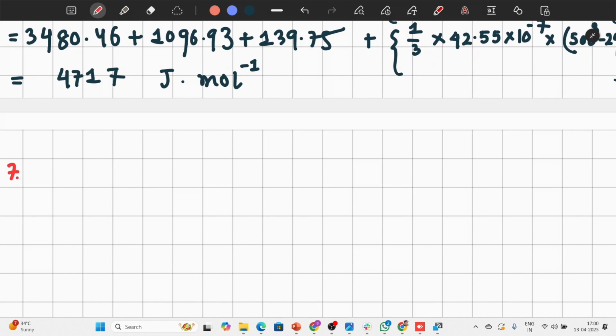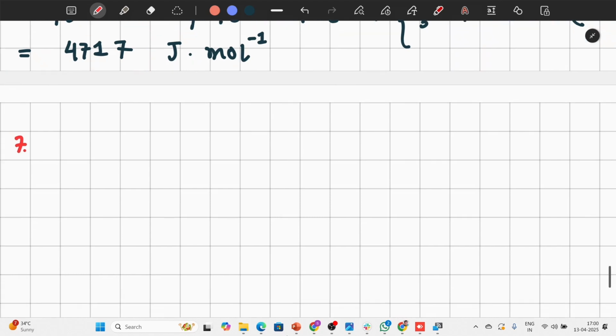This kind of question you can do. Heat of formation. Do you want to solve this heat of formation kind of question? Okay, we'll solve it before that. Solve it, then we will solve.